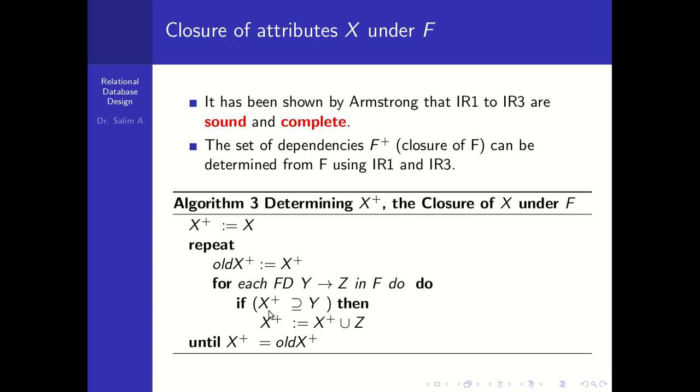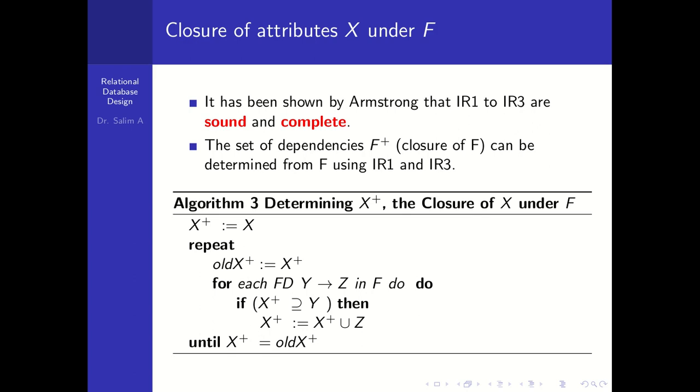If X closure is a superset of Y, then we add this Z. That is, X closure becomes the current X closure union Z, until X closure is equal to old X closure. That is, until there is no change, we add each FD one by one.